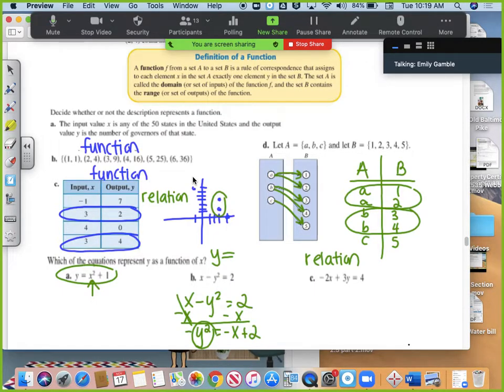All right? But letter C is a function of x. It does not look like it, but the way that this is currently, it's in a form that we know from previous.